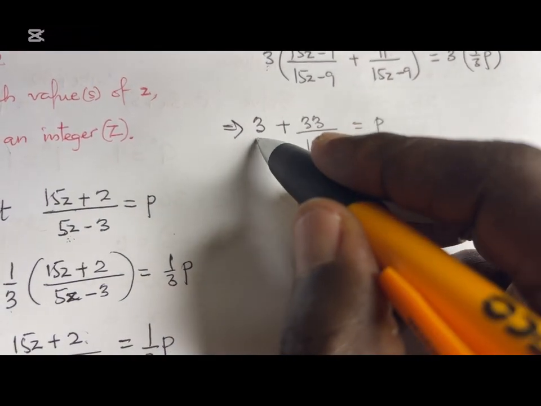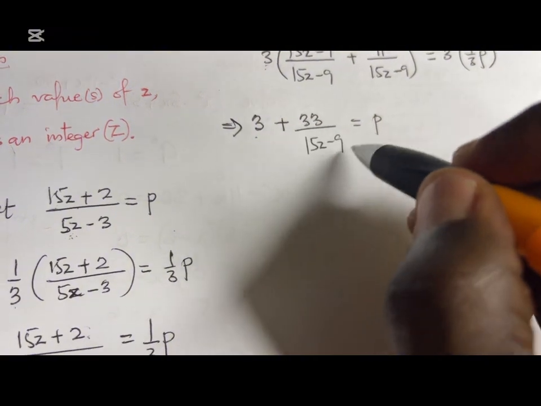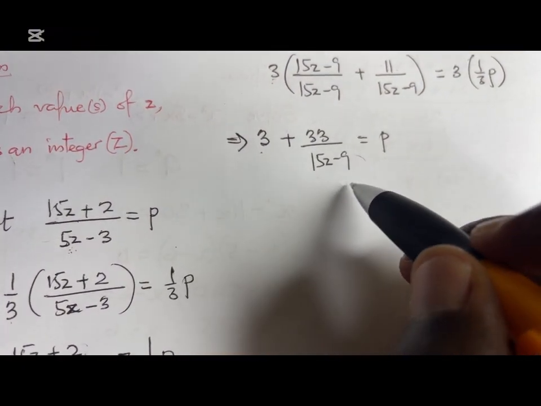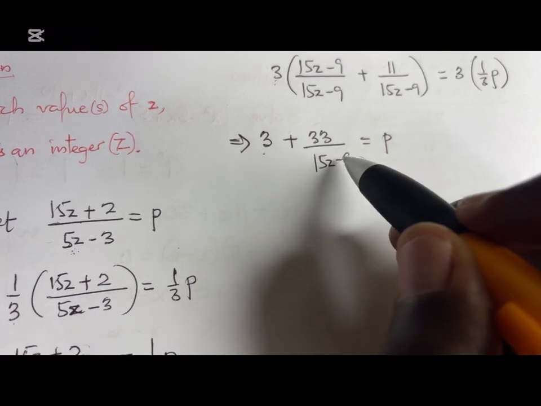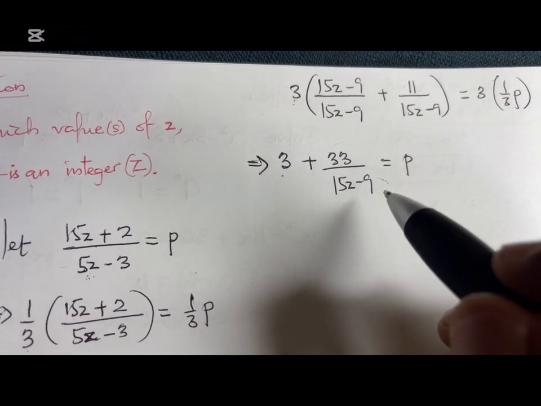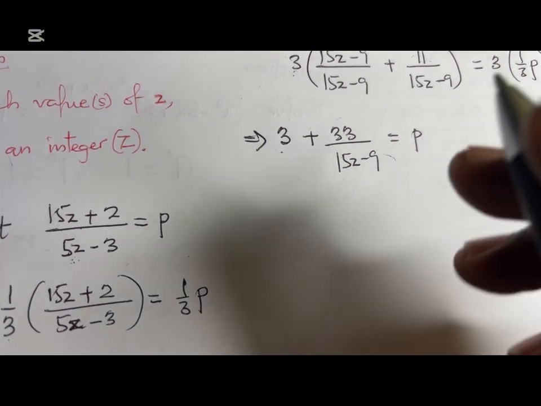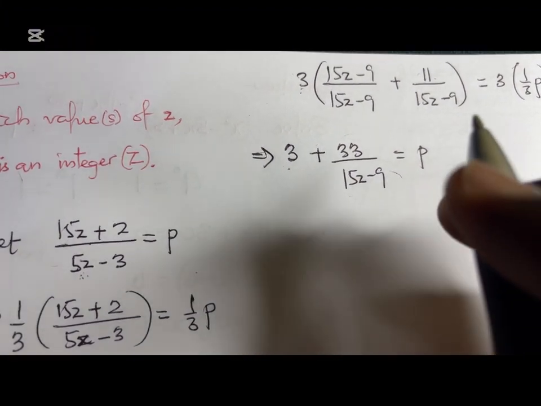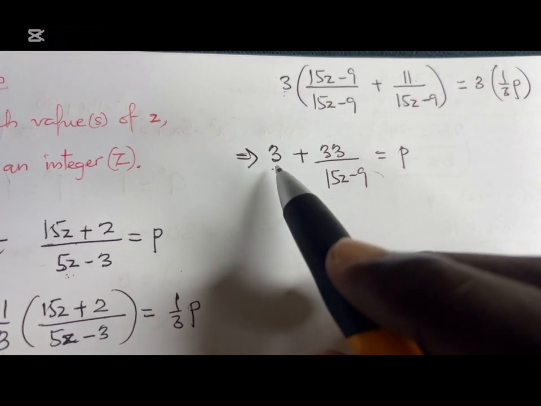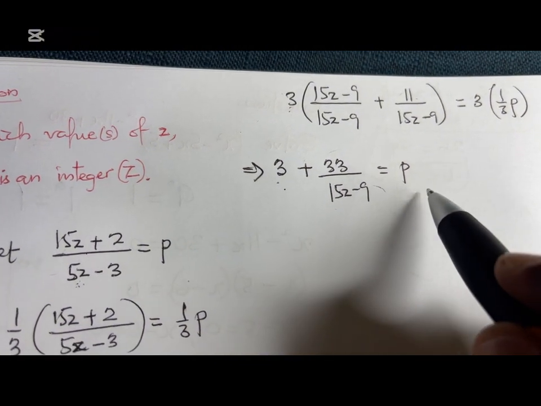Now, the 3 is an integer, but the fraction might be an integer or might not be, depending on the expression we give to the denominator. So we apply the closure property, which says that integer plus integer will always give you an integer.